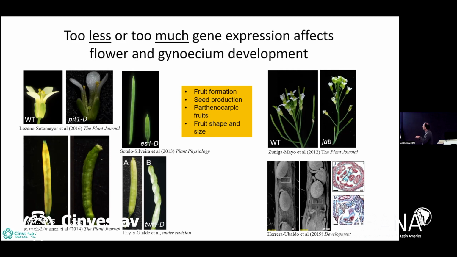So here we see a flower which is empty in the center, or fruits that are developing, although they can be smaller, but for instance they don't produce seeds. So parthenocarpic fruits are very interesting. So seed production, obviously, and also shape of fruits and size. For instance, here we have one that really grows very differently than it normally should grow.